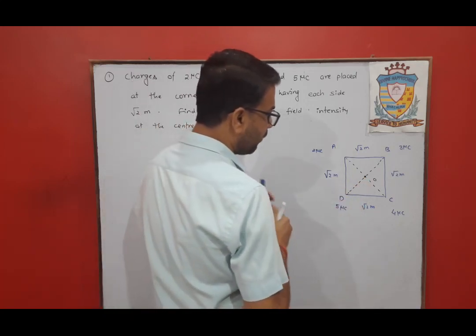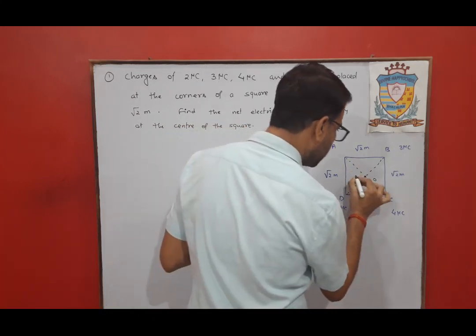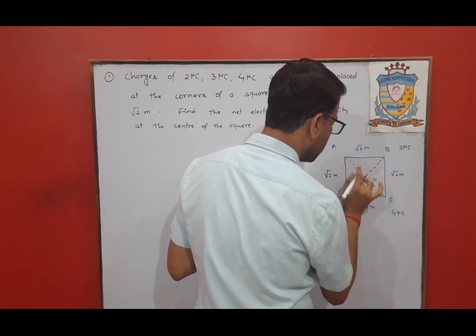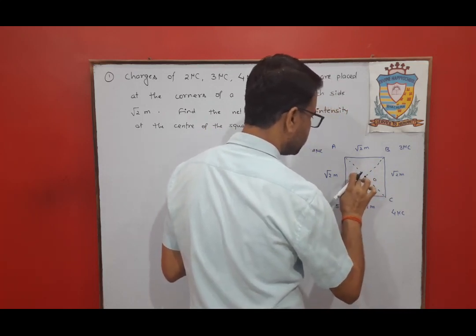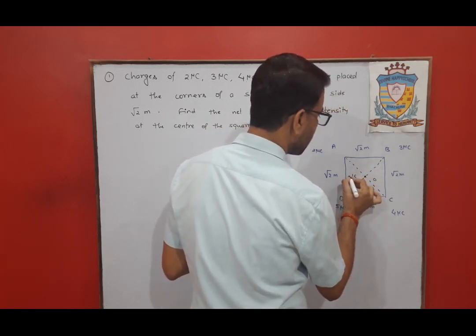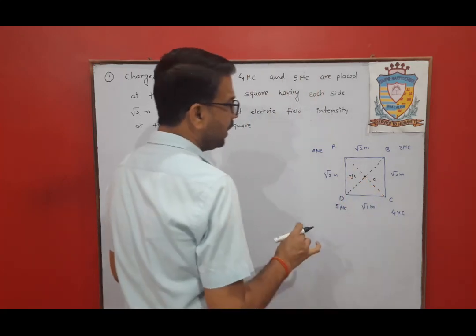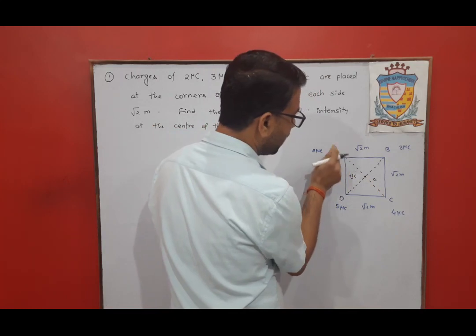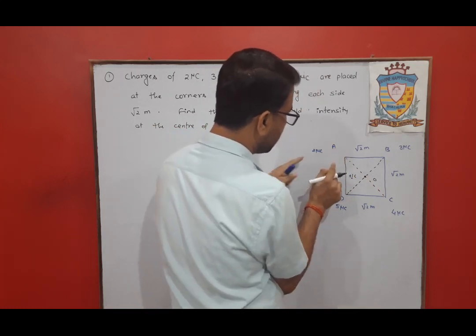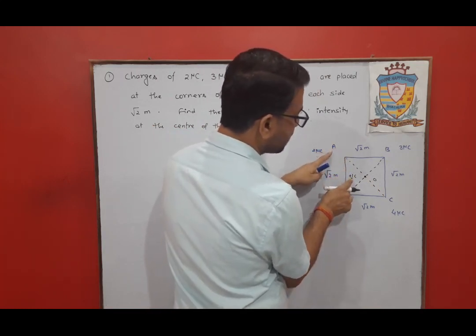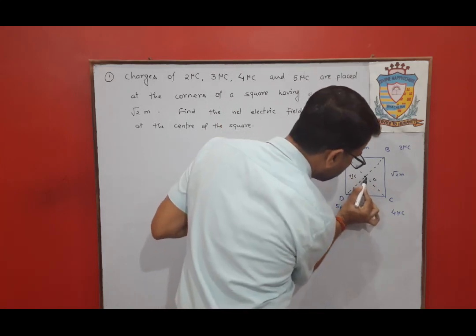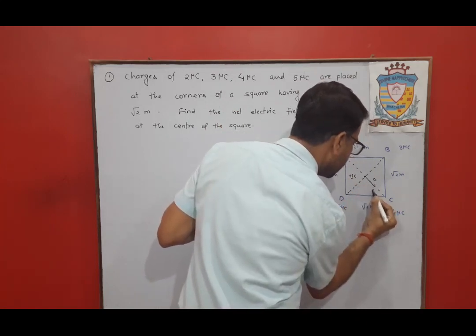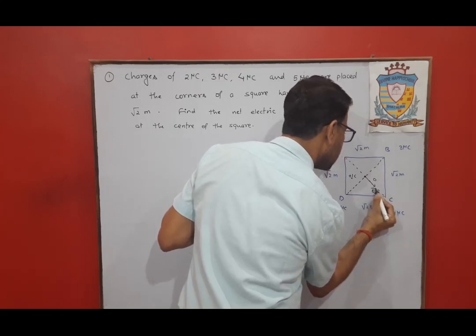Since both are positive charges, this will be the direction of electric field intensity due to A.